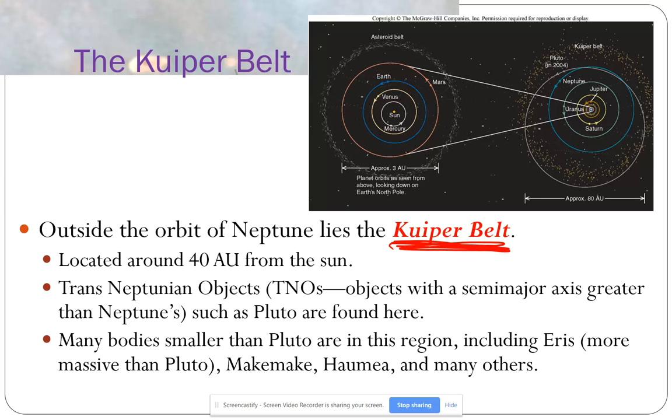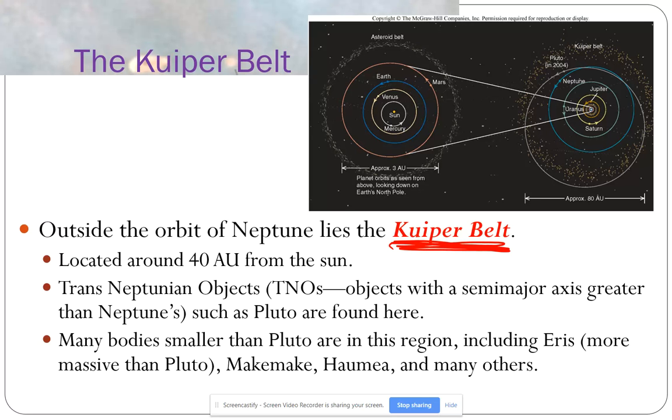There are a lot of different names that fit Pluto. It's a Cubewano, I think. There are a couple of different names. Trans-Neptunian object, because it has a semi-major axis bigger than Neptune's.